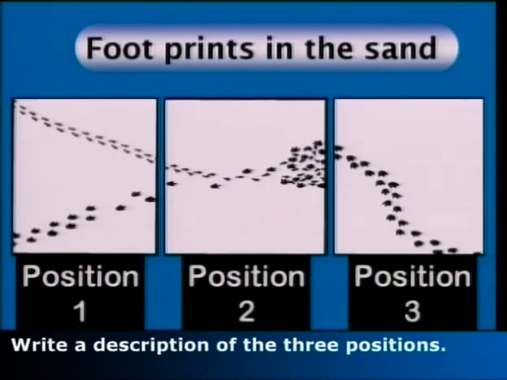You write an explanation or a description. Position 1 is for this. Position 2, position 3. But you have to discuss, so you can have one idea and write it down together.